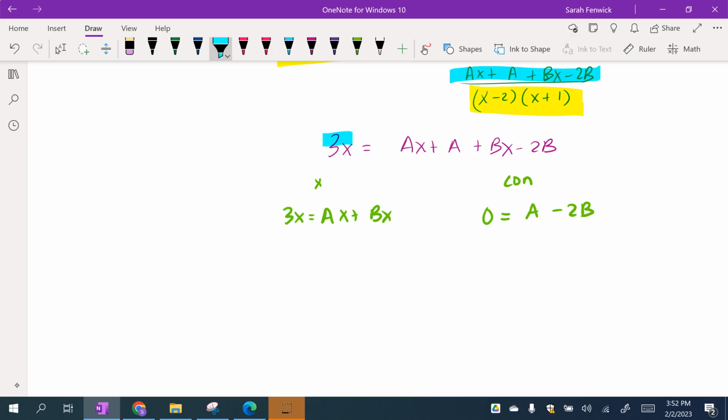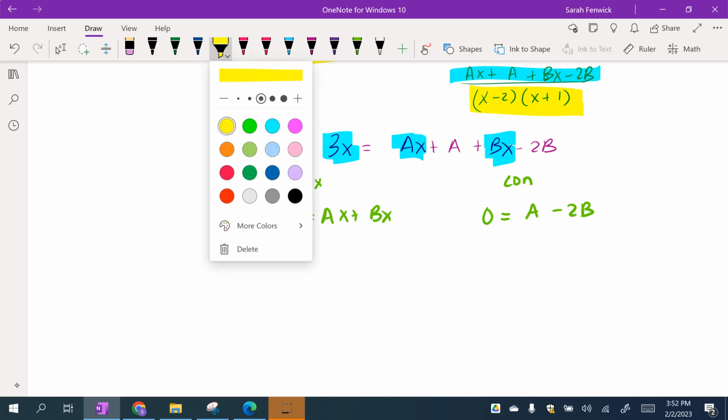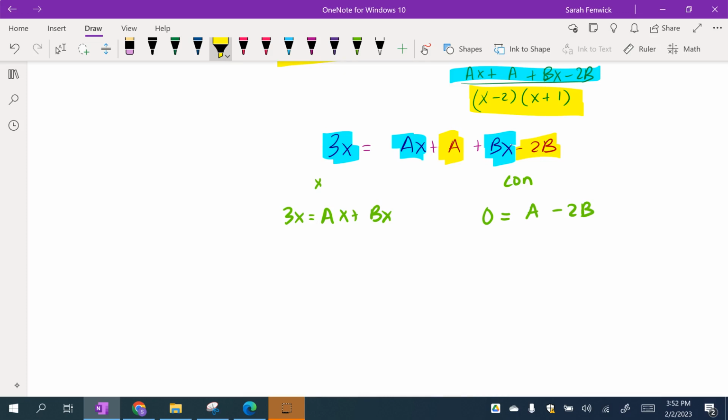In other words, I grouped my equation into like parts. And since the a and the b over here didn't have a corresponding part on this side, we gave it a 0. Now, we actually aren't going to keep our x. We have 3 equals a plus b. And here, if I add the 2b here, I have a equals 2b.